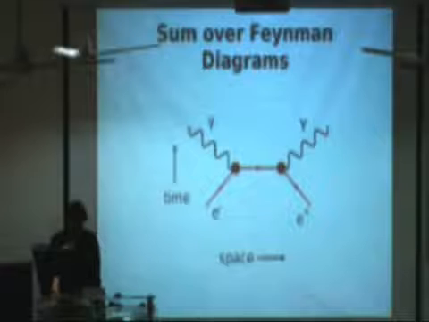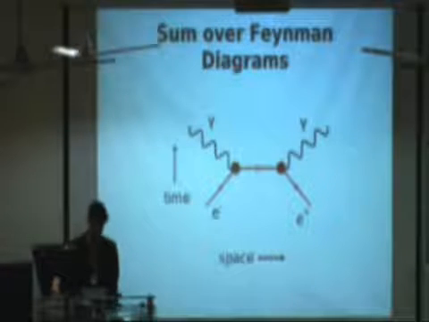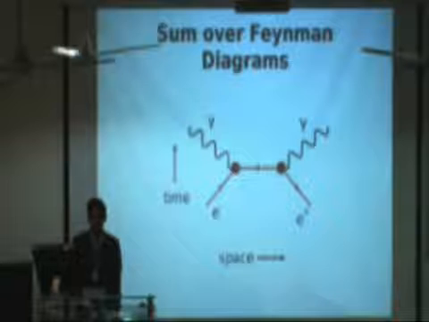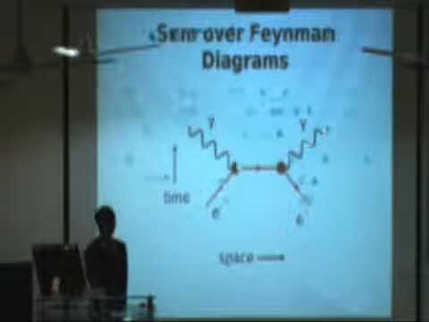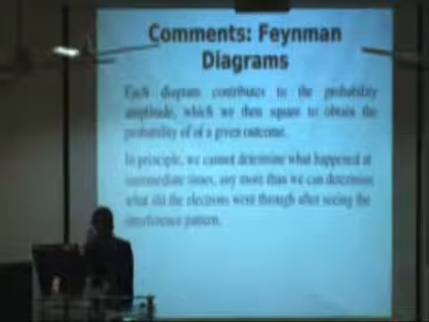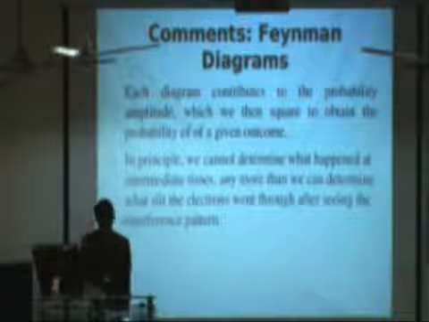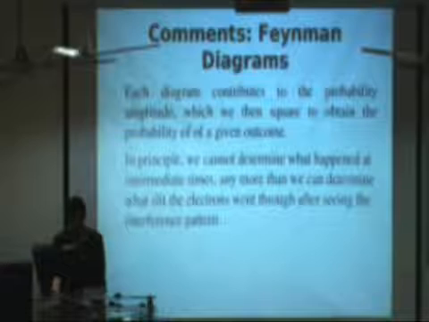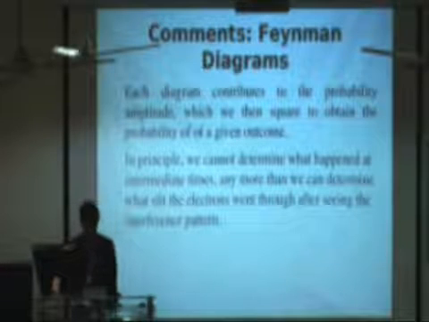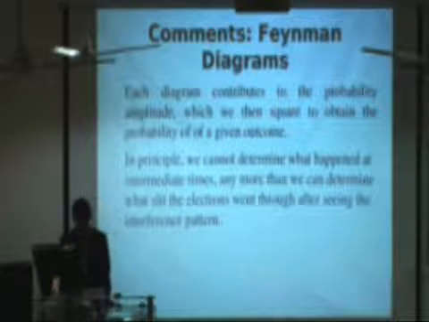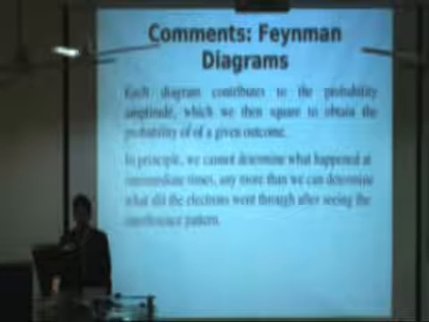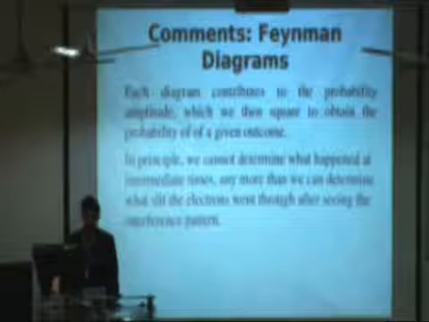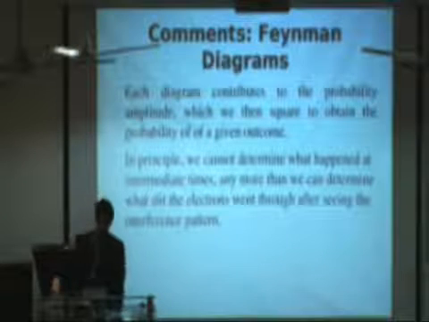Okay, S matrix elements are calculated using a sum over paths, similar to what I said, just in this case, a sum over Feynman diagrams as pictured. And each diagram contributes to the probability amplitude, which we then square to obtain the probability of a given outcome. So although we can determine the final states and the initial states, we cannot determine what happened at intermediate times, any more than we can determine which slit the electrons went through after we observed the interference pattern.